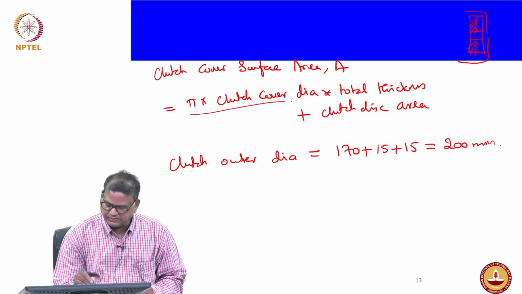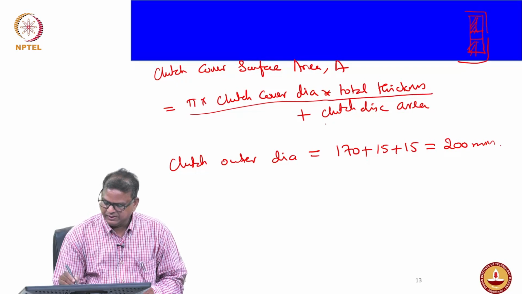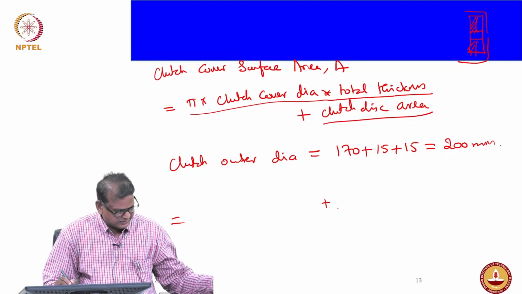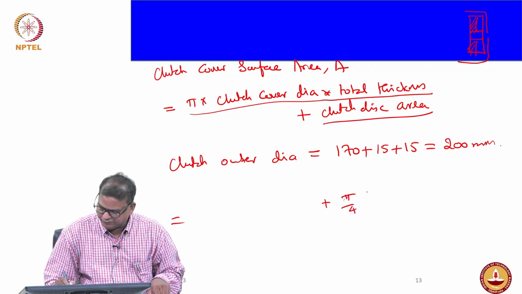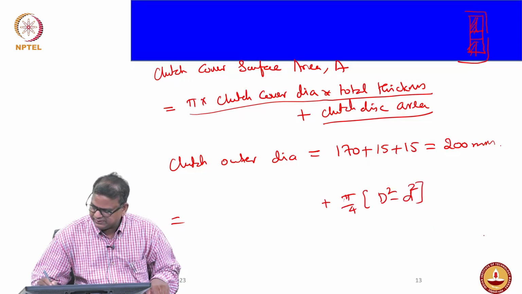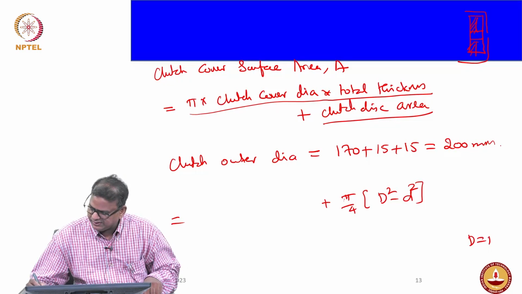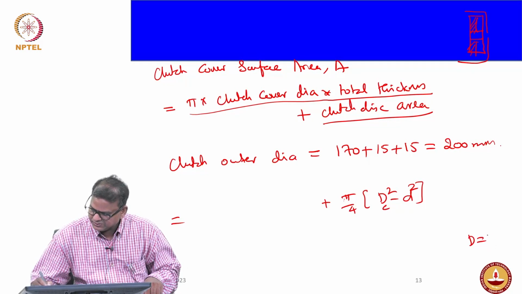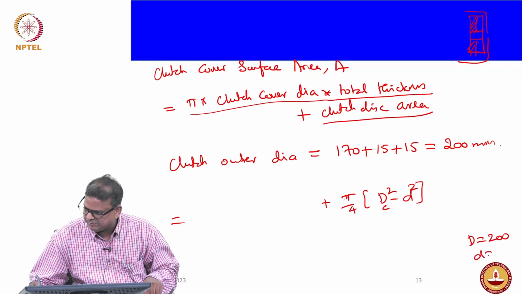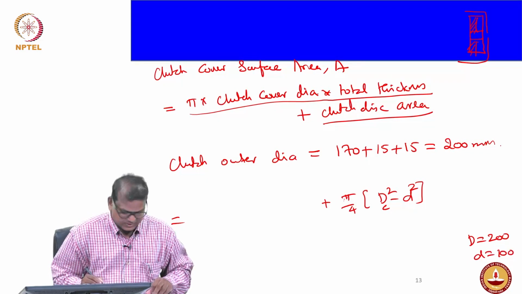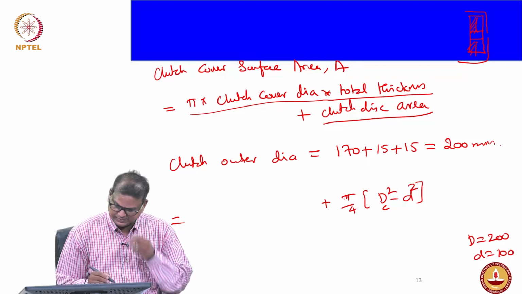You need to find out the clutch cover dia and the clutch disc. For me it is much easier: I can get straight away pi by 4 into D square minus d square, that is the area I will get. The D would be 200 mm and the d will be 100 mm, so that is fine. My only concern is the clutch cover diameter aspect and the total thickness.